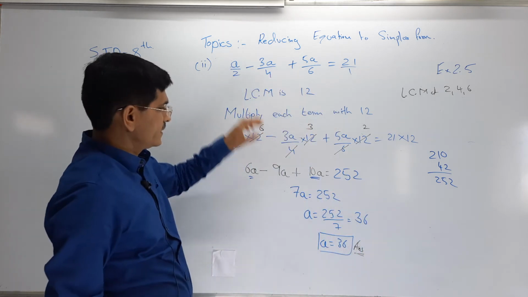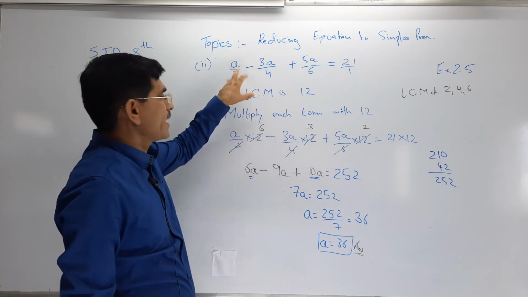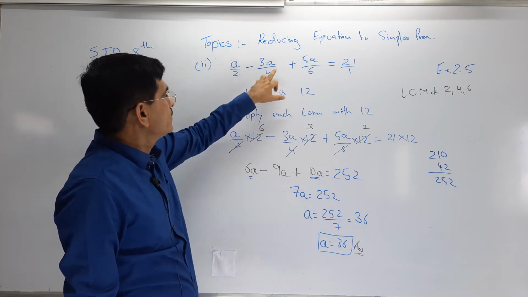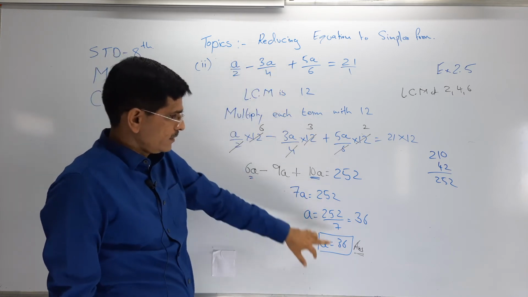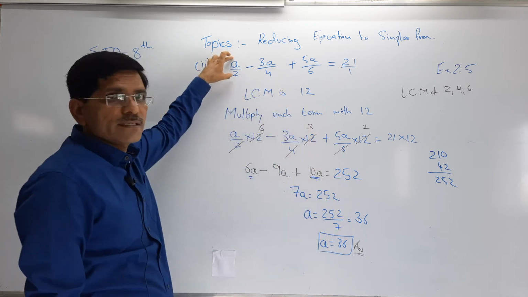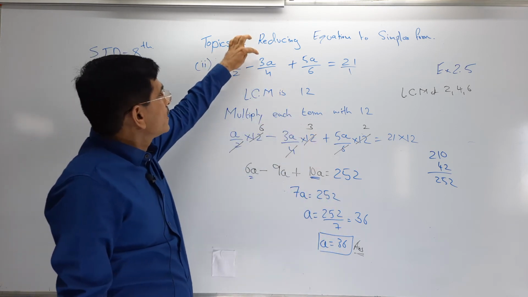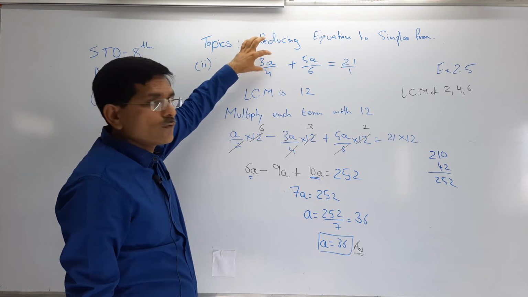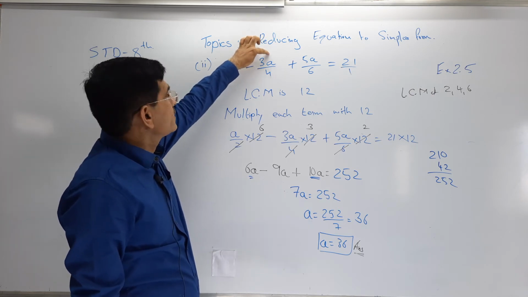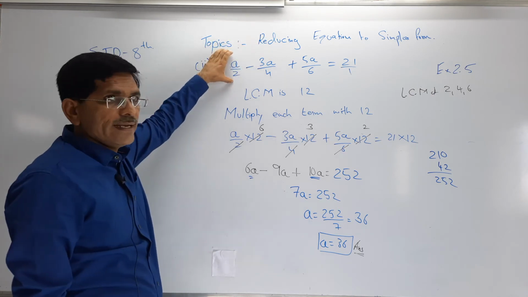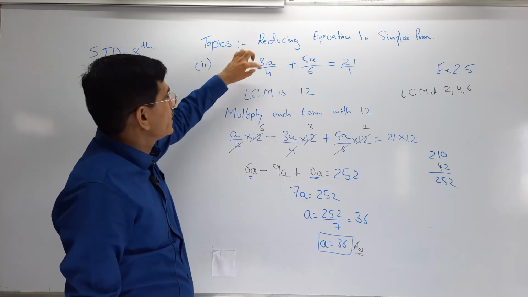Now if we check, I put 36 here. 36 divided by 2 is 18. Again 36 here, 36 by 4 is 9, and 9 3s are 27. Here it is 18, 18 minus 27, that is minus 9.